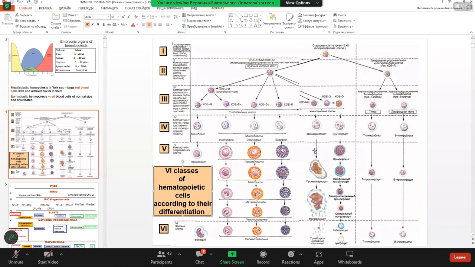After this, for thrombocytopoiesis, pro-megakaryocyte and megakaryocyte, because megakaryocyte is a giant cell, and this cell can't leave bone marrow.